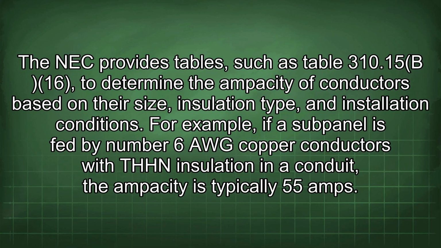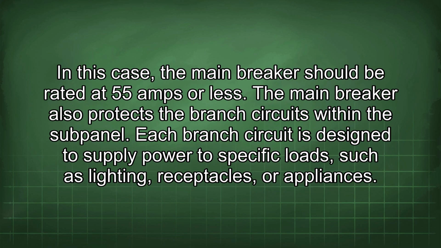The NEC provides tables such as Table 310.15(B)(16) to determine the ampacity of conductors based on their size, insulation type, and installation conditions. For example, if a subpanel is fed by number 6 AWG copper conductors with THHN insulation in a conduit, the ampacity is typically 55 amps. In this case, the main breaker should be rated at 55 amps or less.